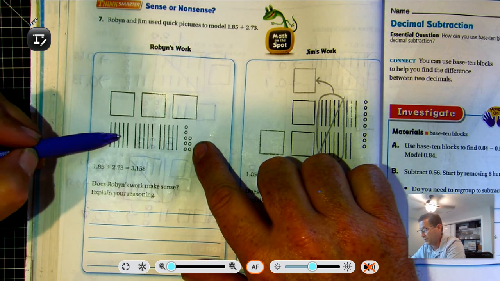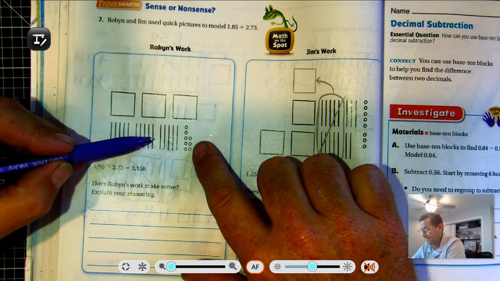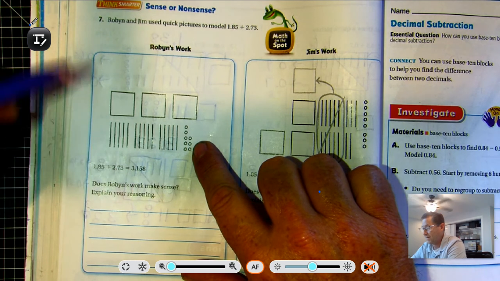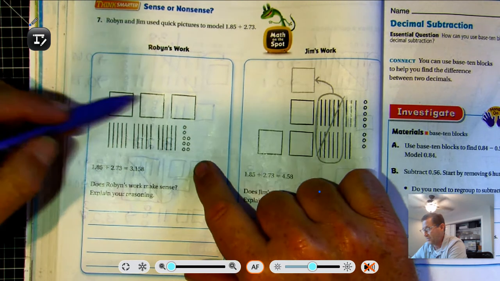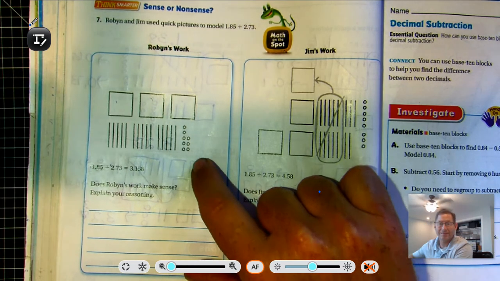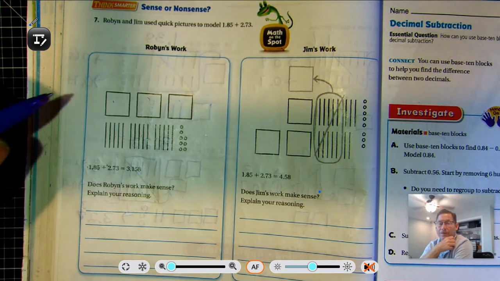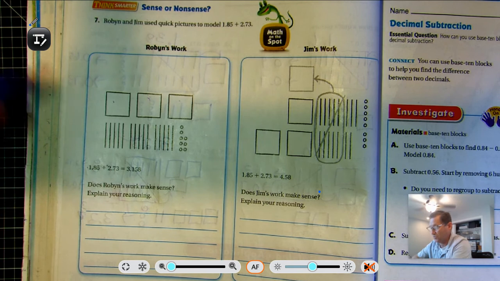So 1, 2, 3, 4, 5, 6, 7, 8, 9, 10, 11, 12, 13, 14, 15. All right, so 15 tenths. And she has 3 ones, 1 and 2 more. But her work doesn't make sense, does it? I don't see anything regrouped. So no.